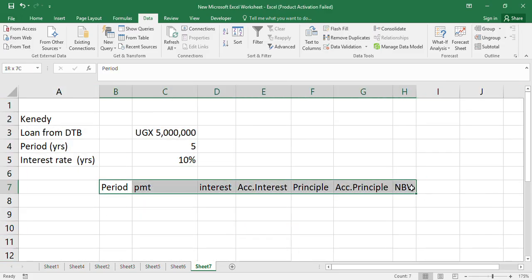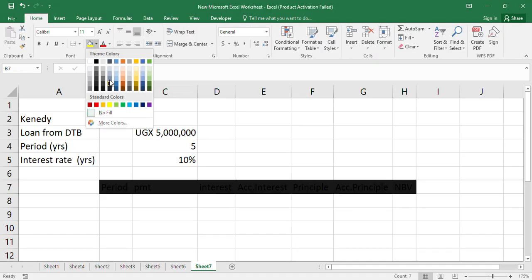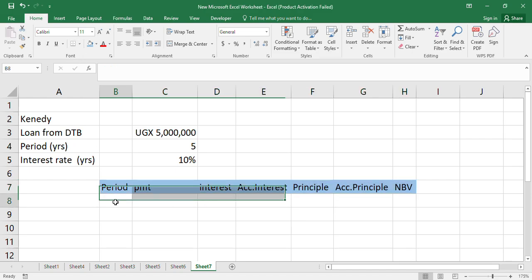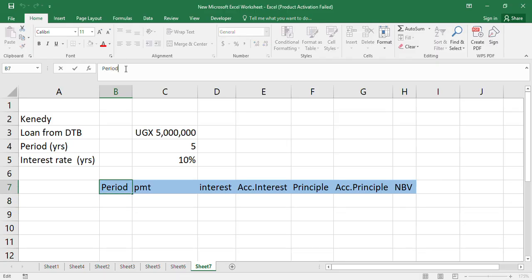Remember, in every loan amortization schedule you will have these headings. And remember, we're in years. Period, don't forget, we are in years.